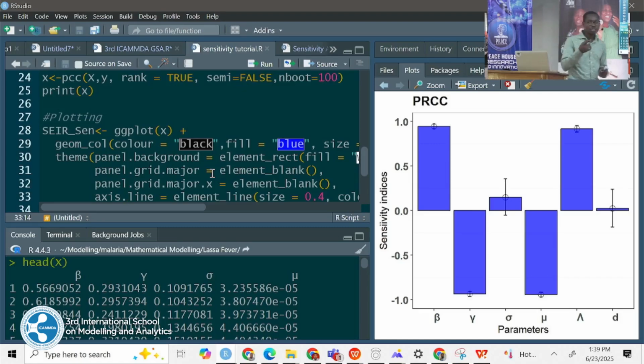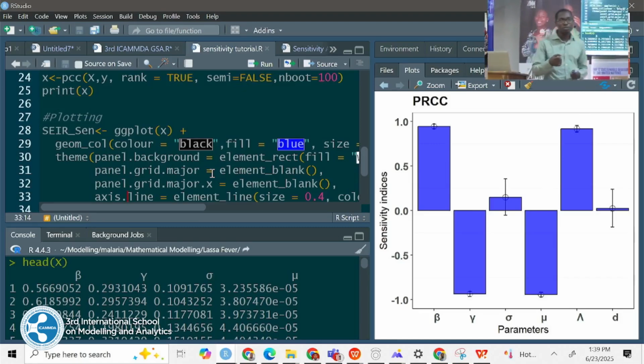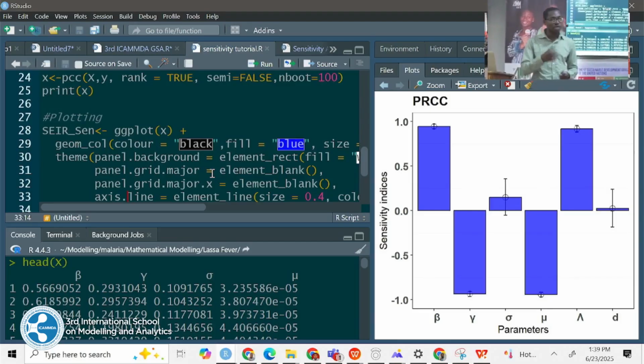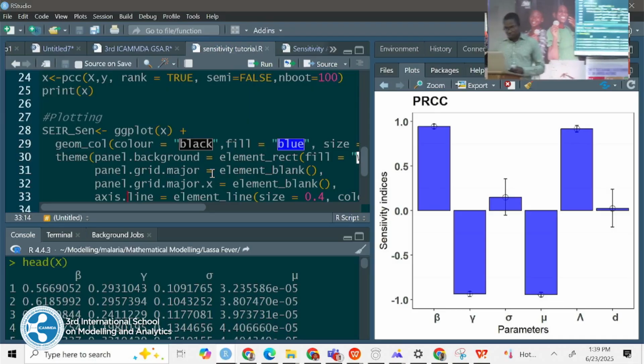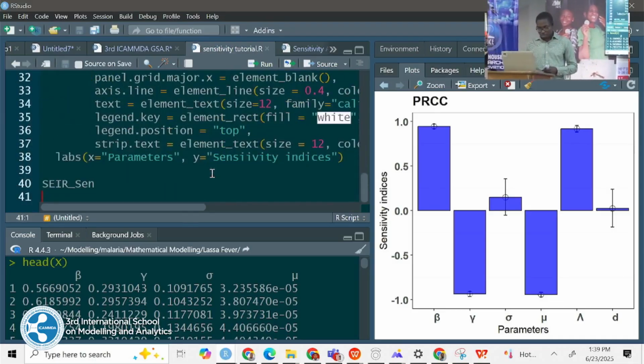In subsequent R classes, we'll be having lectures on visualizations, how to visualize using ggplot. So we'll be taking you through ggplot, and then we can print this out, and then it gave us this result here.